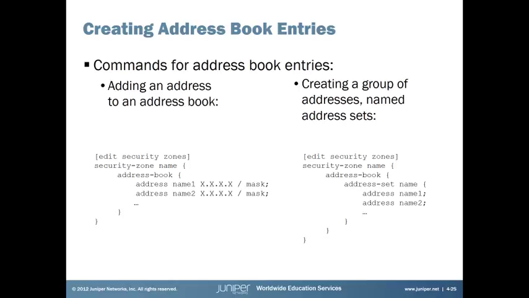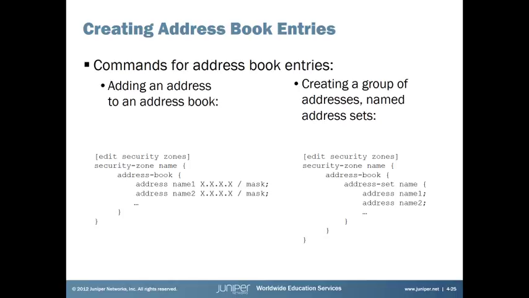And then you might have another name for something else in that zone. There are other servers in the same zone that you may need to reference in a policy somewhere, and you simply put the name of the server in, whatever you want to call it, it's totally up to you, and then you give it its IP address. It might be a block of addresses that you need to reference, so you just give it the appropriate mask there.